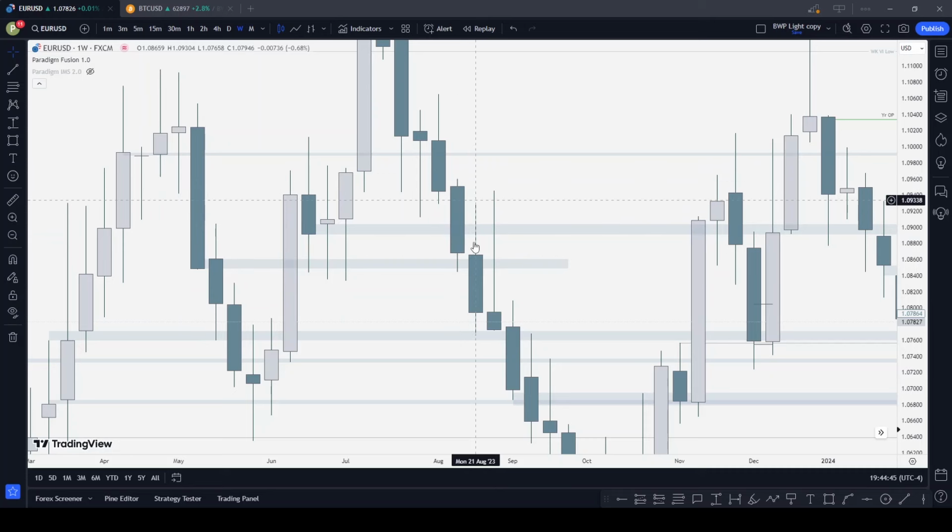So on the next return above it, inside of that range, as price is rallying up, that is manipulation, right? As price is rallying up, you will be looking to go short. Why? Because at the end of the week, you are confident that there is a 90% probability that the weekly candle will close below it.